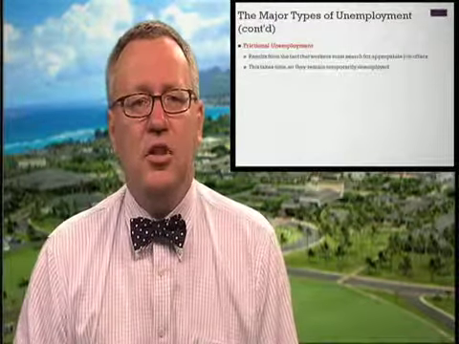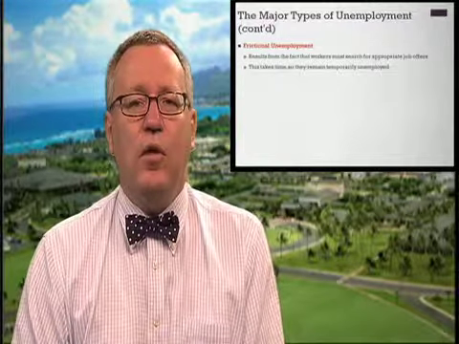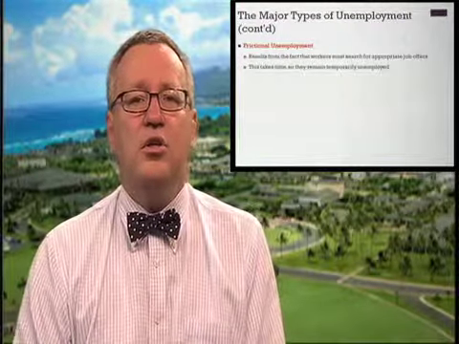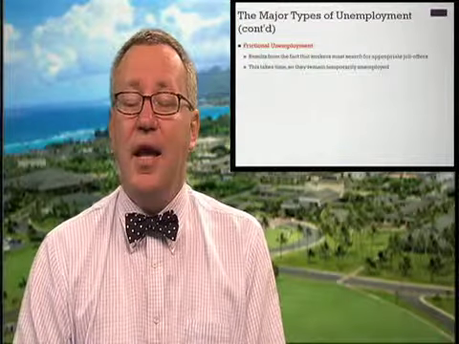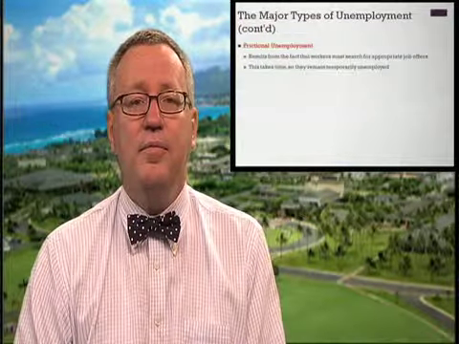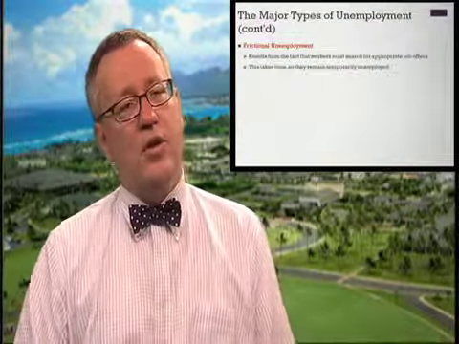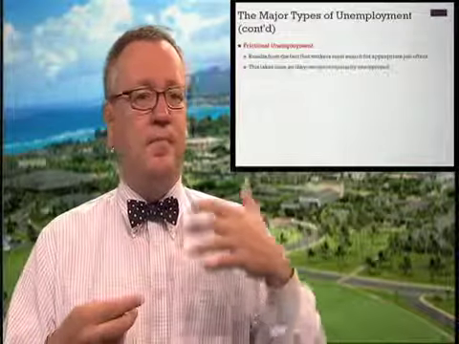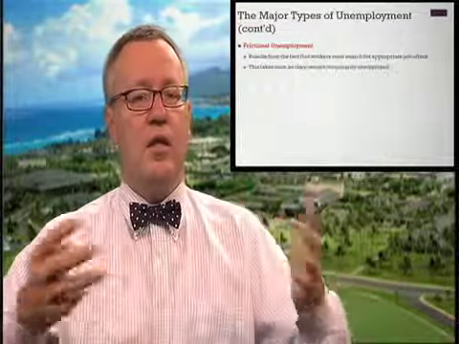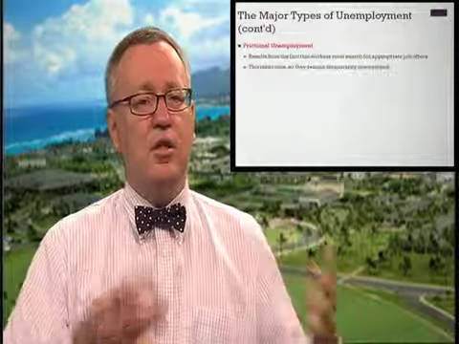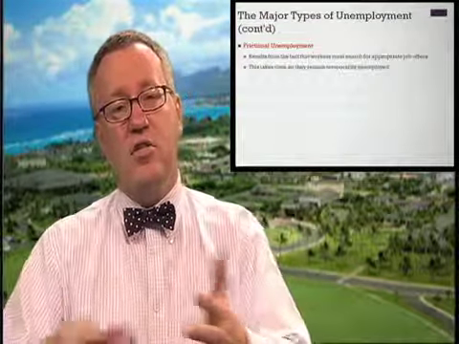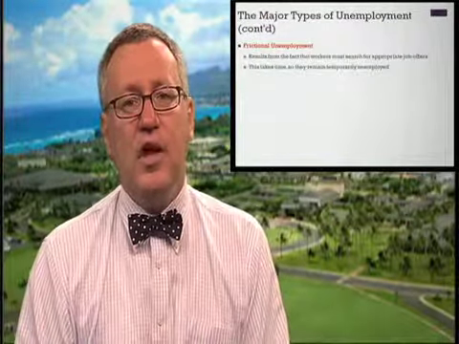Frictional unemployment is just the result of the fact that workers are constantly searching for appropriate job offers, and a lot of times they can't find them. It takes time. So as you're looking for a new job, you're out in the market, you're looking at the online ads for jobs, you're looking at the newspapers for jobs, you're trying to contact friends to see if you can get some connections for a job.